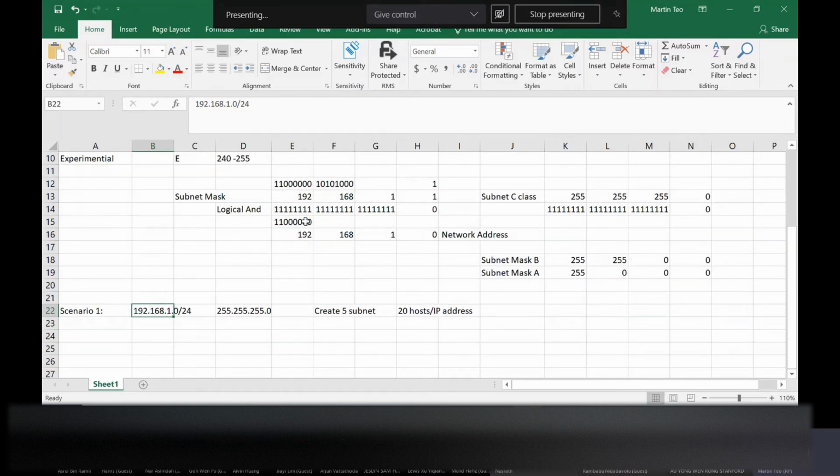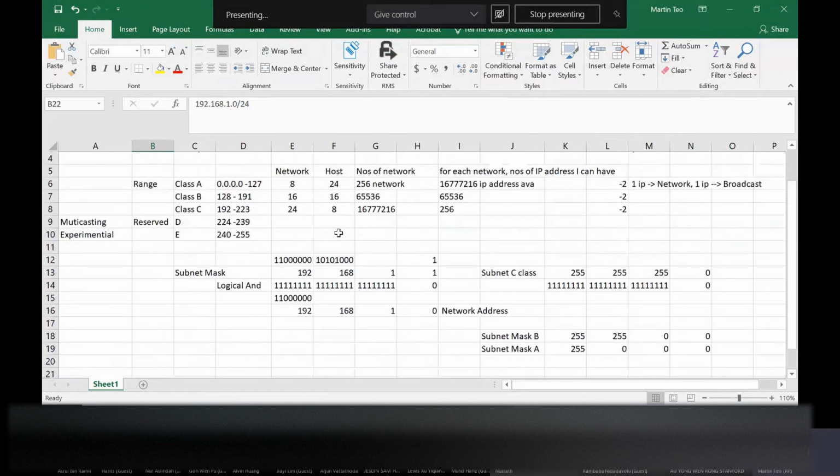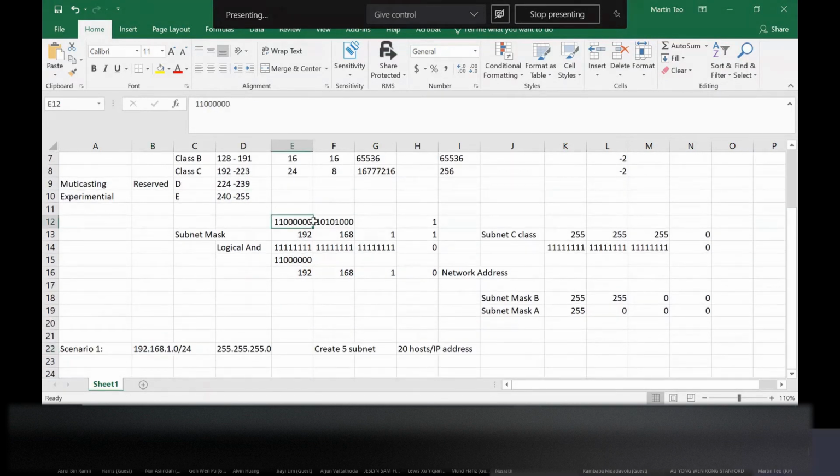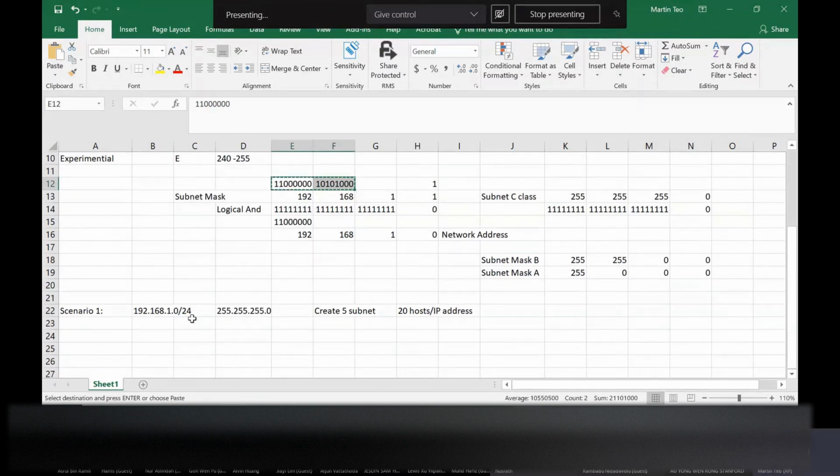So in this case, we will have to do manual calculation. Our 192.168, this is our bit, then we have the .1.